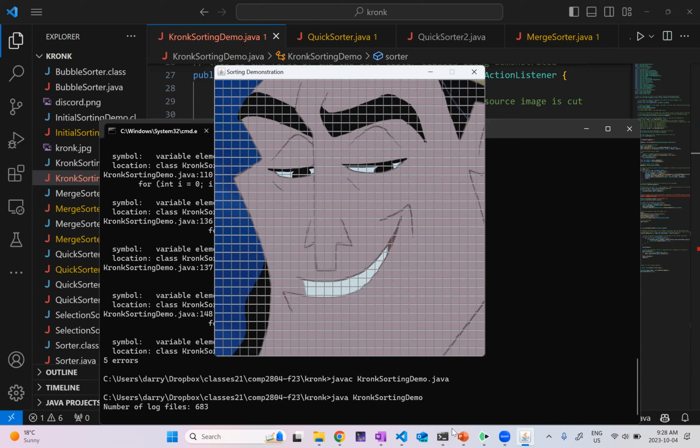Cool. Somebody asked, how is that implemented? So in Java, you can take an image and slice it up into other images. Then it just associates an integer to each of these little squares. I know the original image, each piece is associated with a number, and then I just shuffle those numbers.